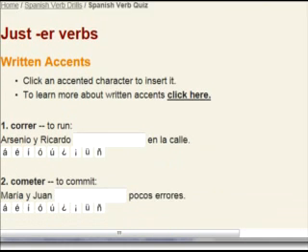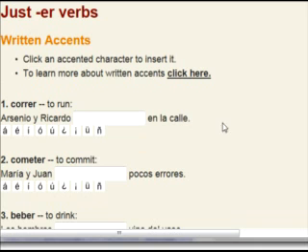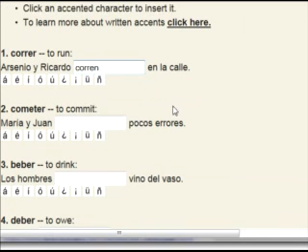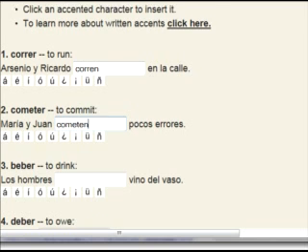So, here we go. Correr, Arsenio and Ricardo, two people. Hopefully you come up with corren en la calle. That's they, ellos. María and Juan. Cometen pocos errores. And I just made an error. Cometen, I left out the E. Cometen pocos errores.